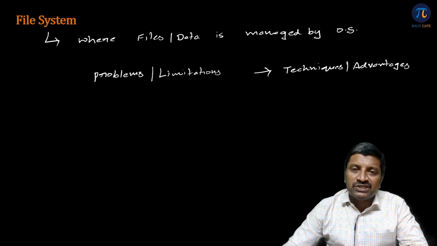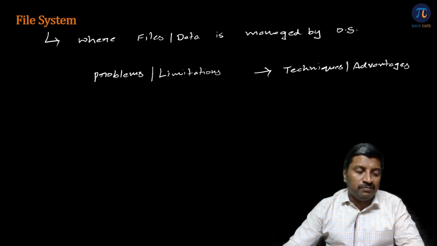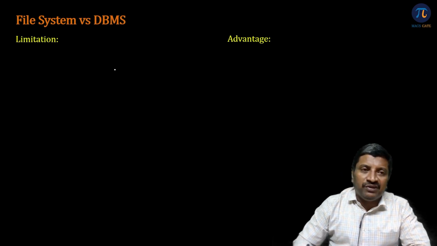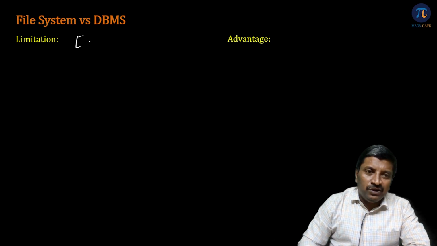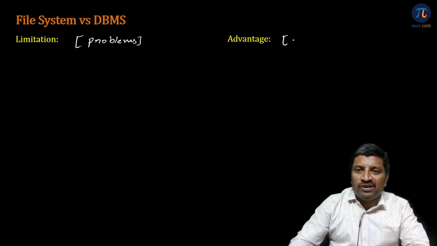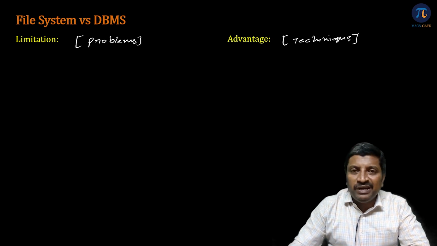So let us discuss those problems or advantages of DBMS one by one. So limitation, advantage. My intention is what is the problem we face when we use file system, and what is the technique which we are having in DBMS to overcome the particular problem. This is my intention.